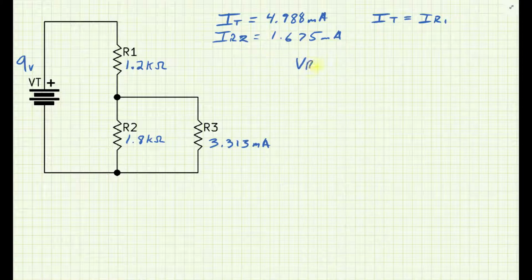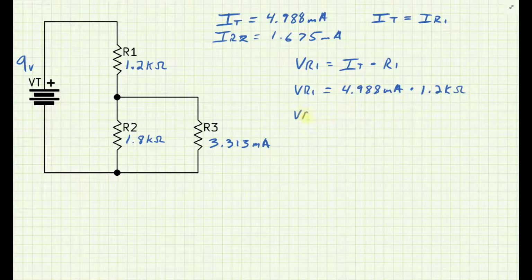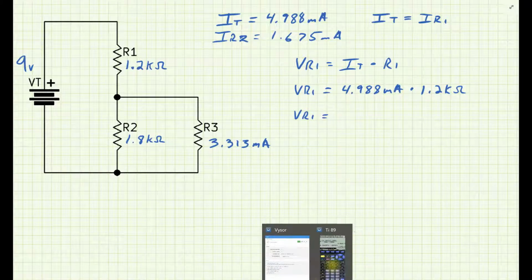So VR1 equals IT times R1. VR1 equals 4.988 milliamps times 1.2k ohms. VR1 equals, let's just solve it right now.